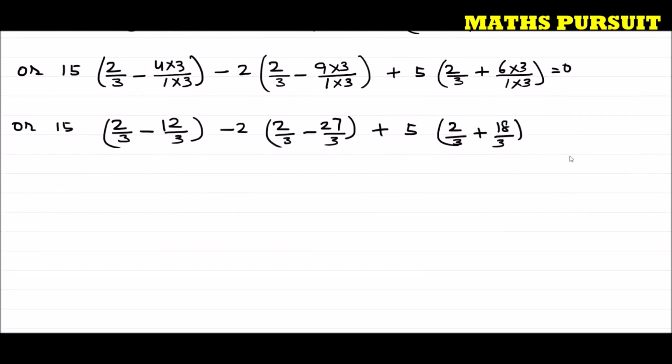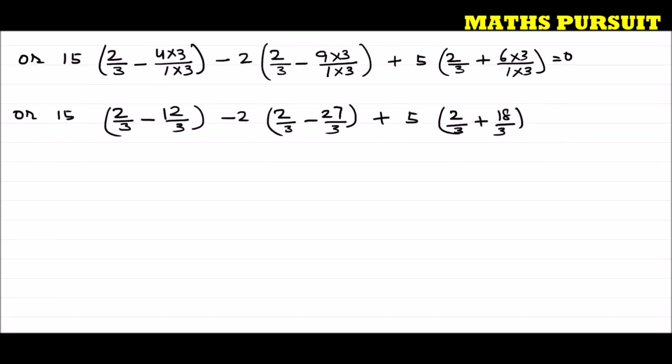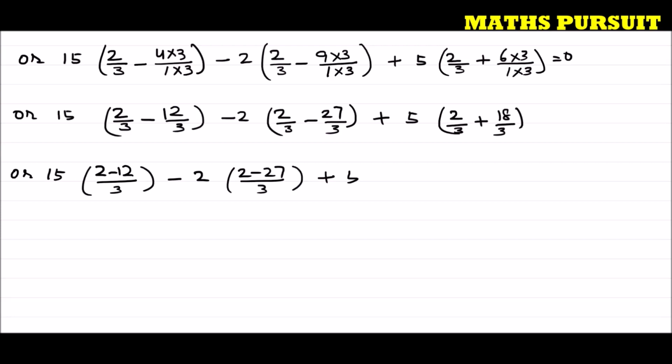Now let us further solve this one. We get 15 into 2 minus 12 upon 3, minus 2 into 2 minus 27 upon 3, plus 5 into 2 plus 18 upon 3.